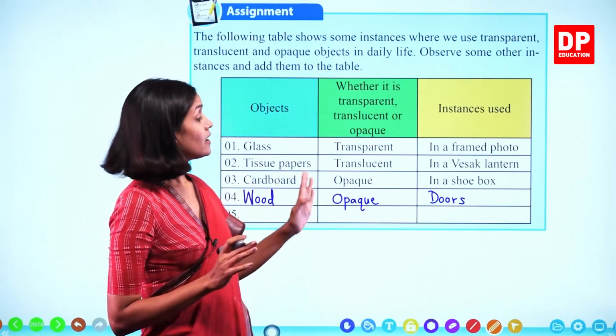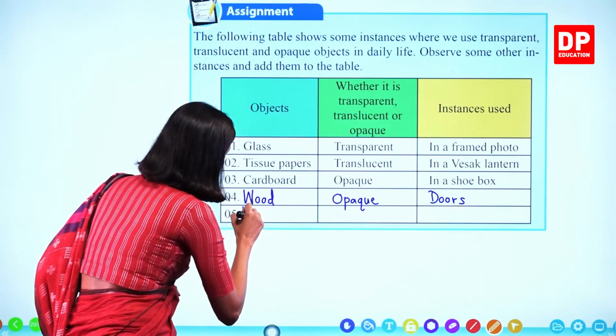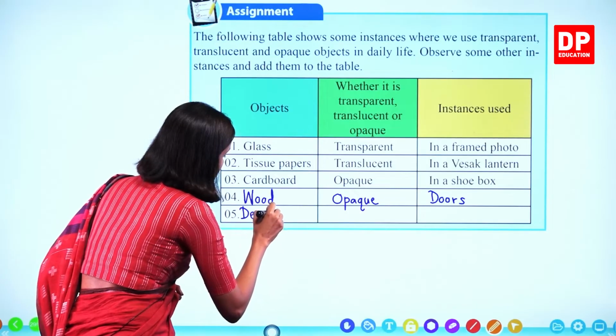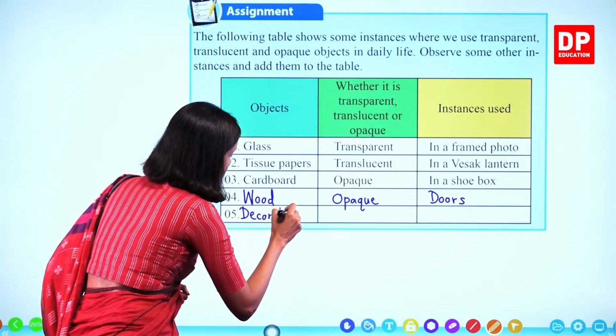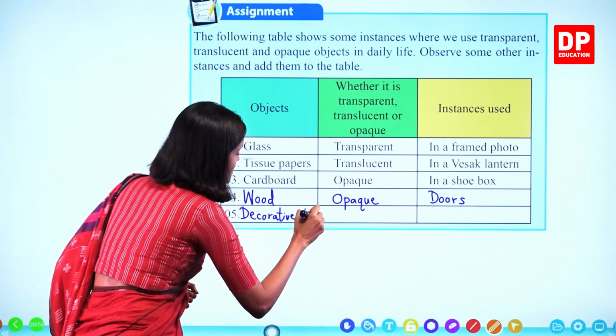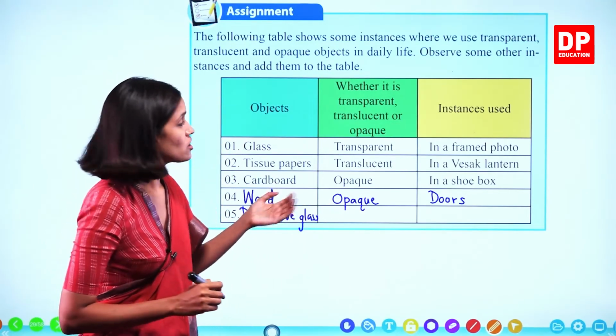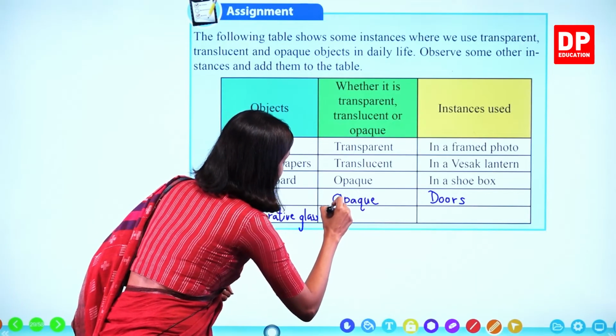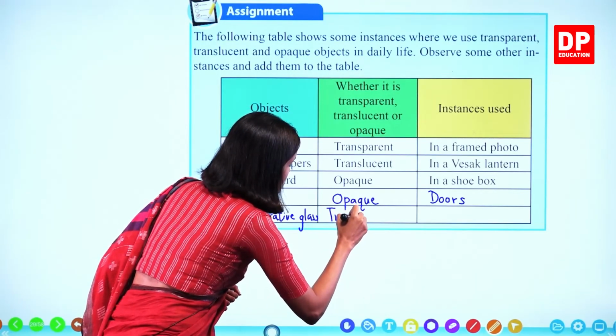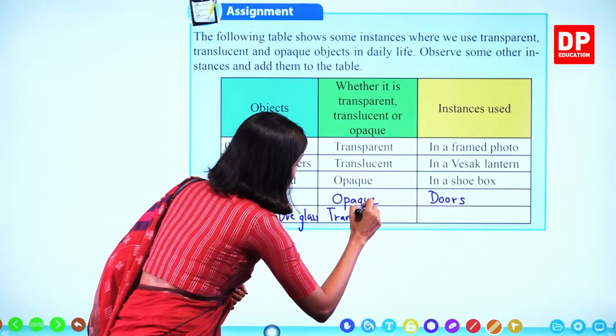Okay, children. And earlier also we learned decorative glass. It is a translucent object, right? Which means light travels partially.